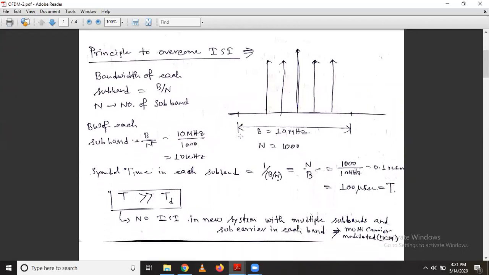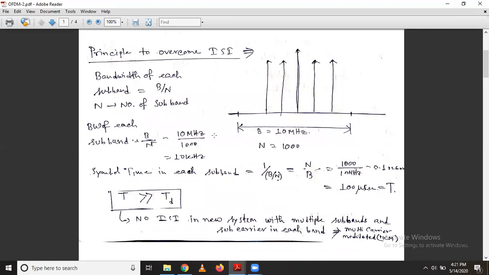ISI we have already discussed earlier; that ISI occurred in the wired channel, when there is some line in between transmitter and receiver. If it is wired, then we have derived something. But this ISI is also inter-symbol interference, but it occurs due to wireless communication, where there is no wired line in between transmitter and receiver. It is wireless.